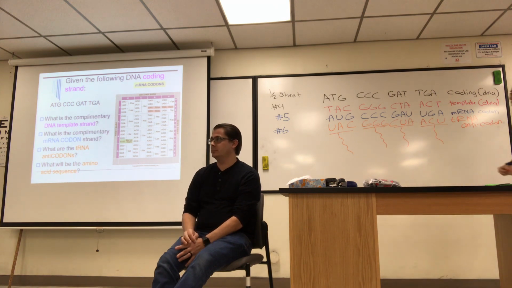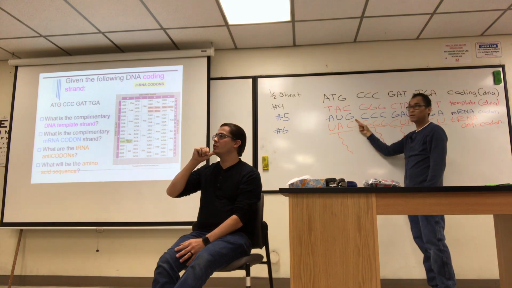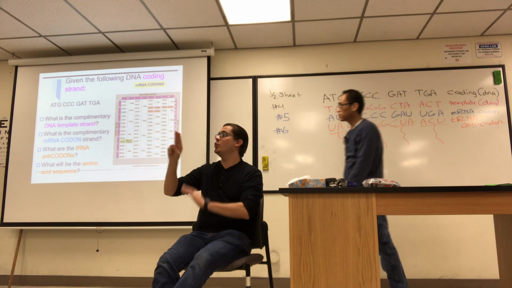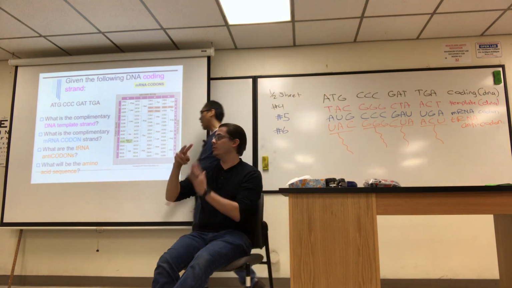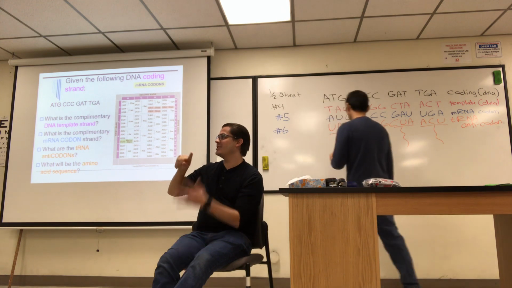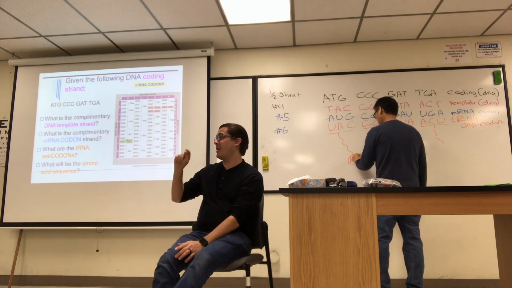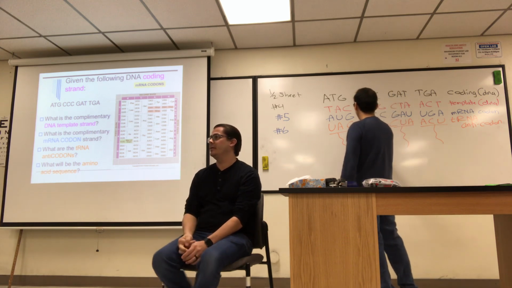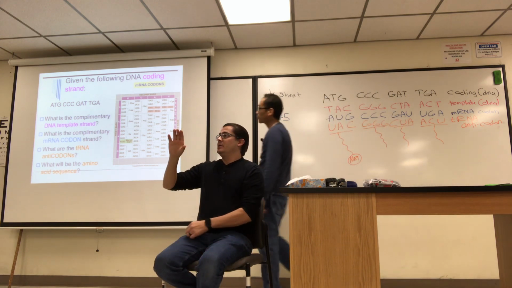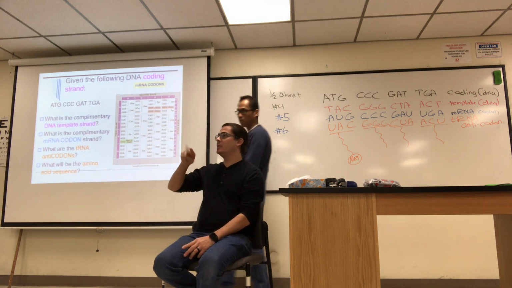Our amino acid polypeptide chain will have 4. Okay, and so basically, don't read UAC, read the table for AUG, which is methionine, the start signal. MET, and then CCC, right here, proline, PRO.